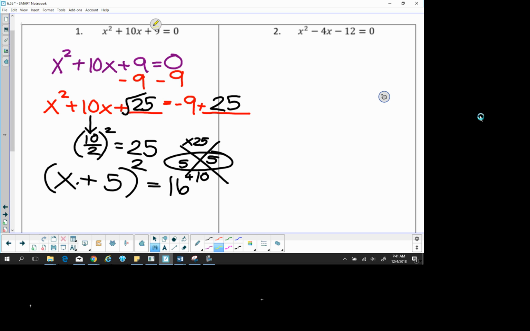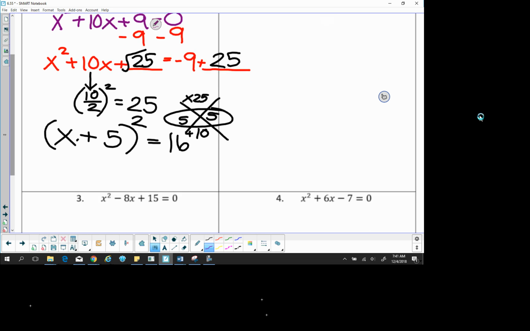Then to get it into vertex form, what do I have to do with that 16 now? How do I bring it back over? Subtract. And so here's my new equation, (x plus 5) squared minus 16 equals 0.